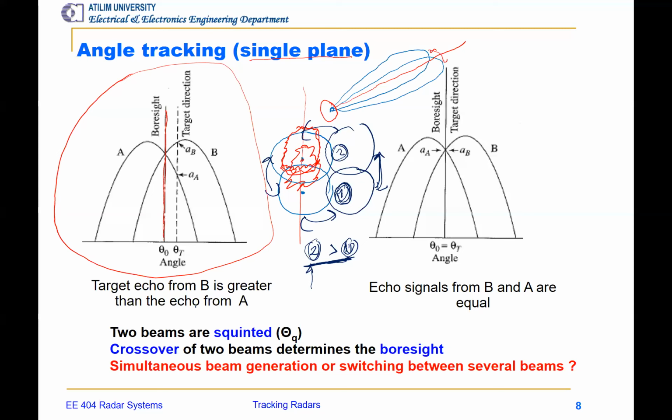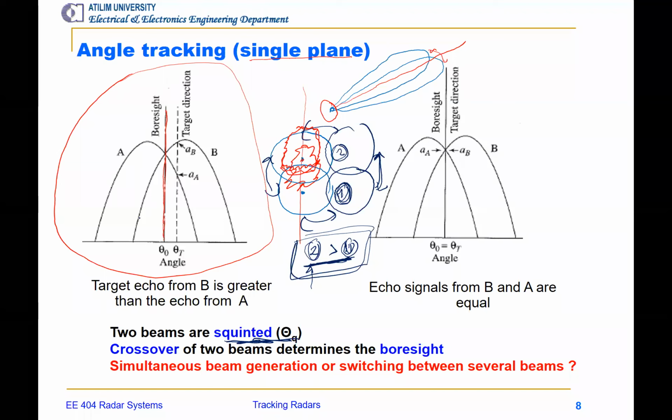Okay, now here the squint angle, so how much the beams are separated from each other, the angle between the beams, which is called the squint angle, is critical. How do we choose this? If we choose this very small, then we might get a very little difference between the signals, right?